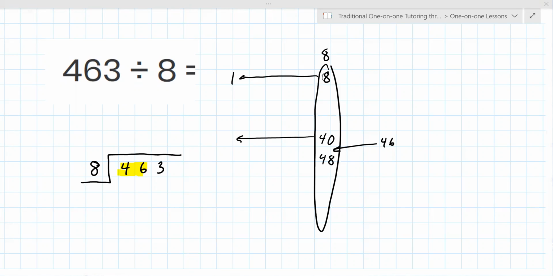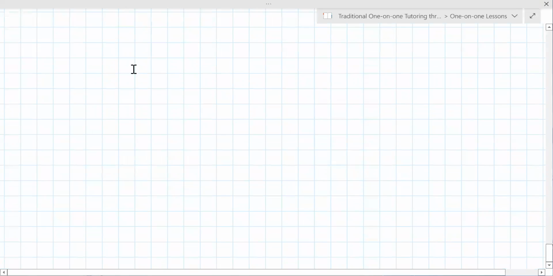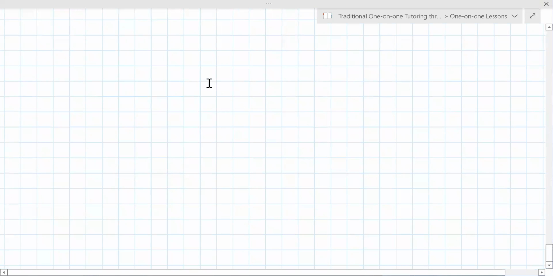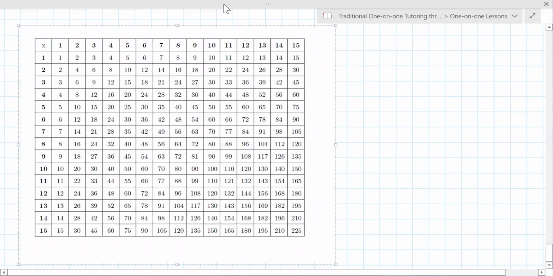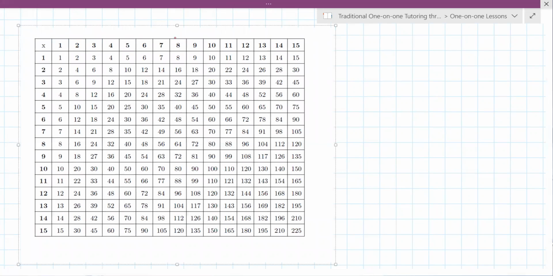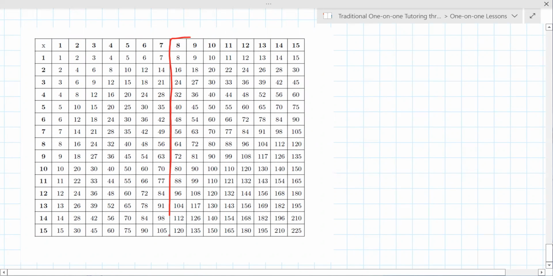Yes. Okay, so let me show you what I'm trying to get you to see here. Let me get some snipping in my multiplication table, Michael. So we're looking at the column with 8 in it. Do you see that? Yes. Okay, now 46 is between these two numbers, right? Yeah.